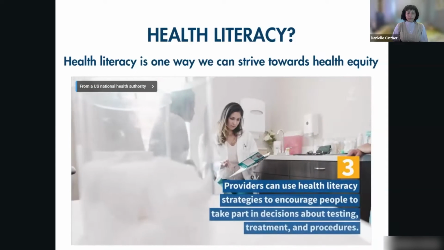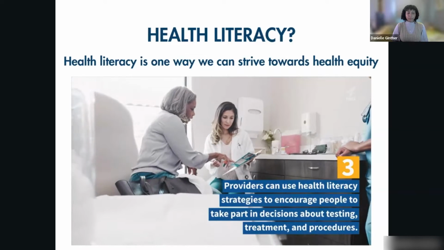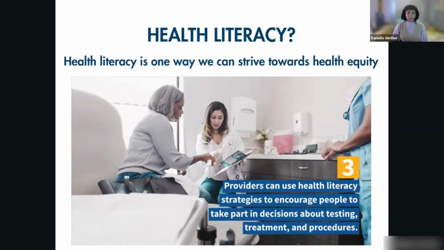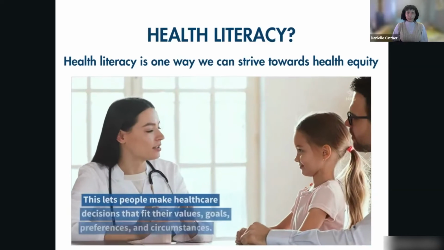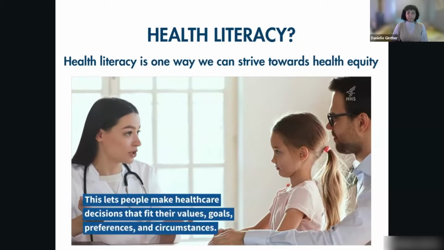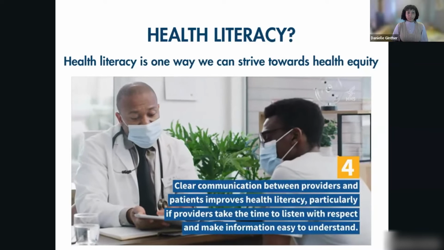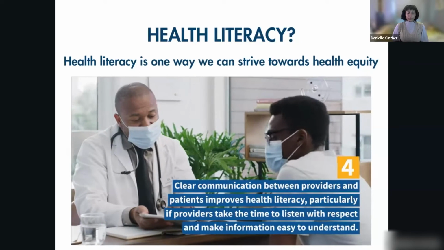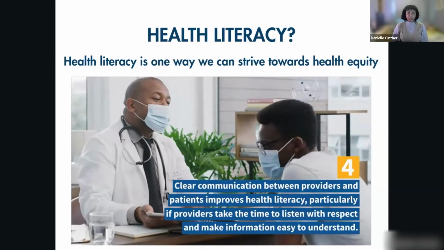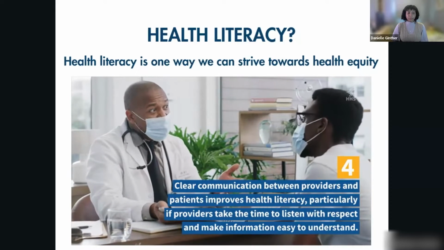Third, providers can use health literacy strategies to encourage people to take part in decisions about testing, treatment, and procedures. This lets people make healthcare decisions that fit their values, goals, preferences, and circumstances. Fourth, clear communication between providers and patients improves health literacy, particularly if providers take the time to listen with respect and make information easy to understand.